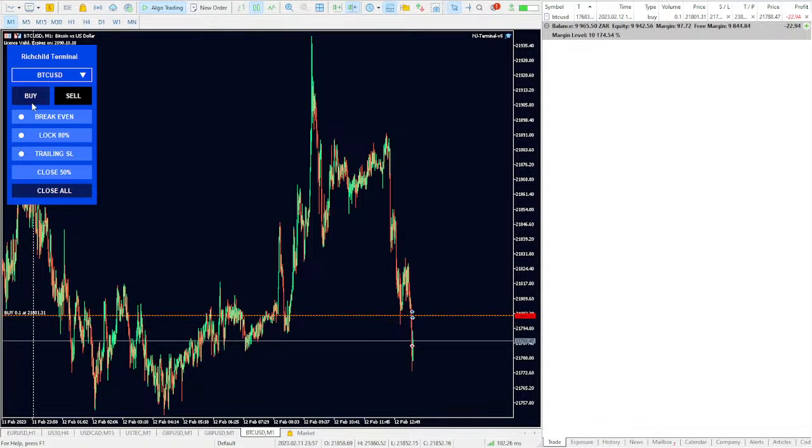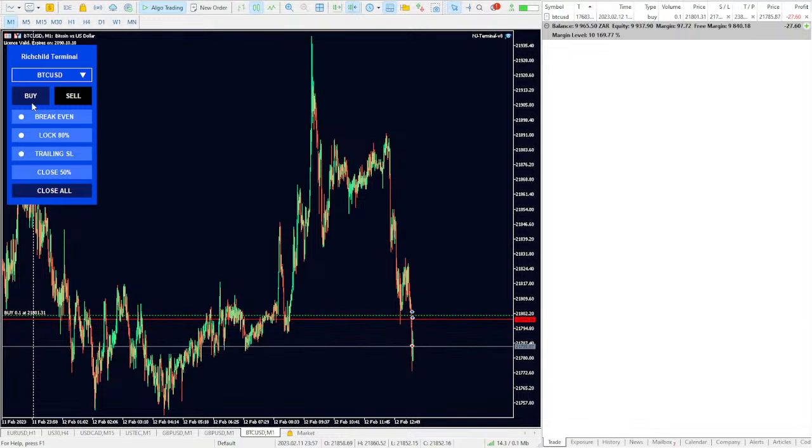So if you don't have the patience to be waiting, this bot does the waiting for you. It opens trades in phases so that you don't open your trades too early, risking blowing your account. Okay, so let's wait.